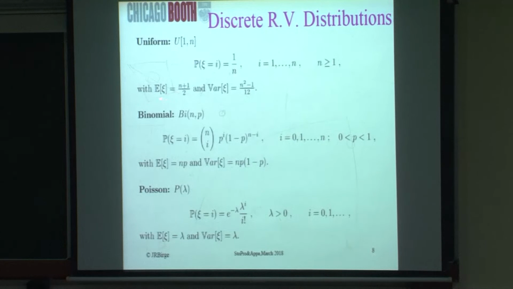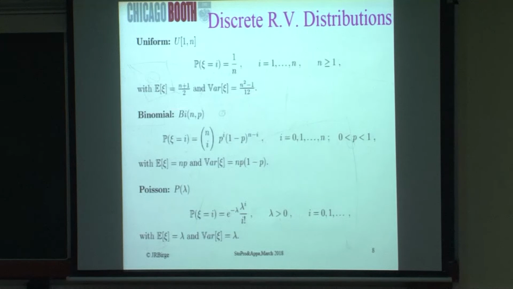Its expectation, and this is the one you have to watch, if it goes from 1 to n inclusive, is 1 plus n over 2, as opposed to n over 2. And then the variance is n squared minus 1 over 12. So that's the uniform distribution from 1 to n.